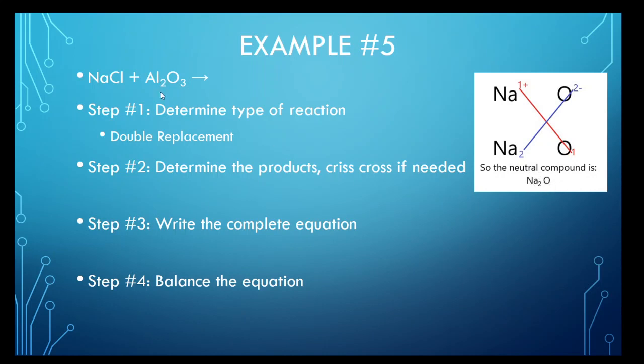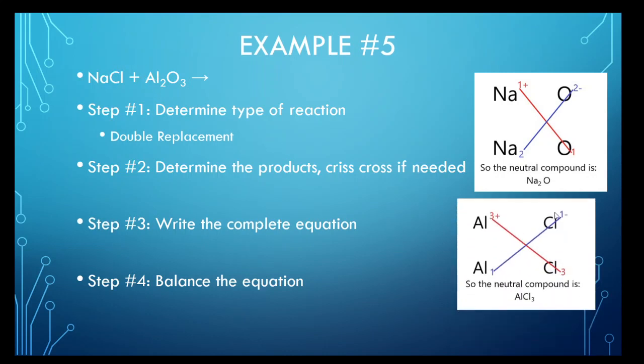But then we also now have to do aluminum with chlorine. They're going to switch places. So aluminum, like we did in the last one, is a +3. Chlorine is a -1. We will send those numbers to the other side there, and you'll get 1 aluminum to 3 chlorine. Okay? So those will be our new products.